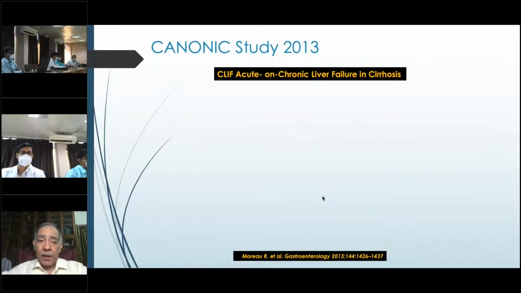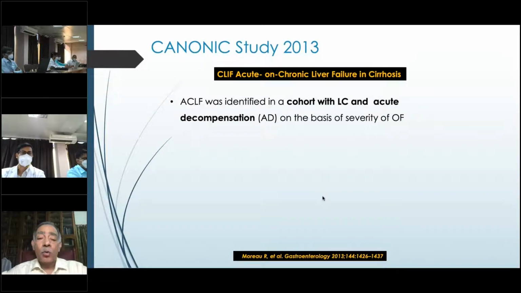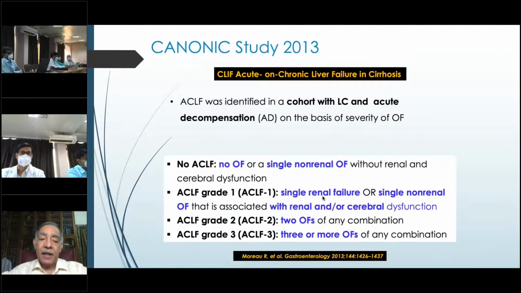Now, this group, the European group, the CANONIC study that was published in 2013 in a cohort of patients with cirrhosis and acute decompensation, has awarded these scores of grading of acute on chronic liver failure as ACLF 0, 1, 2, 3, based on the number of organ failures that are present, single organ failure with some variations and combinations, two organ failures is grade 2, and 3 or more organ failures is grade 3.